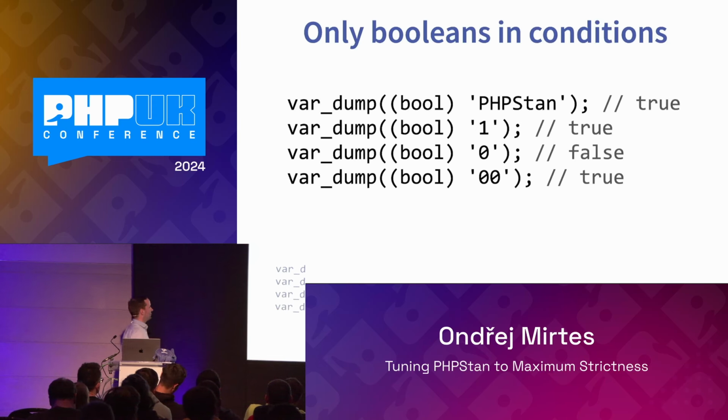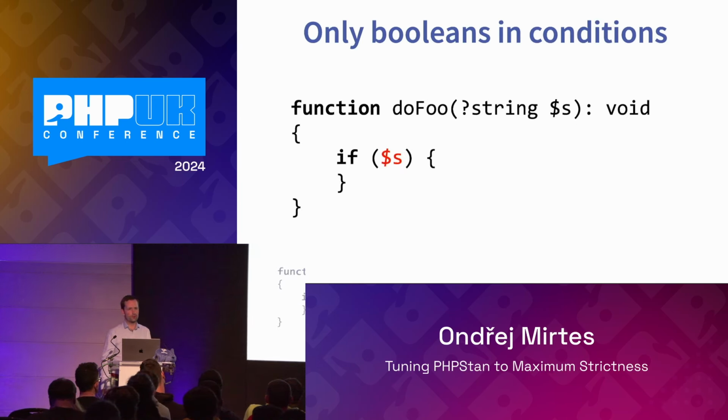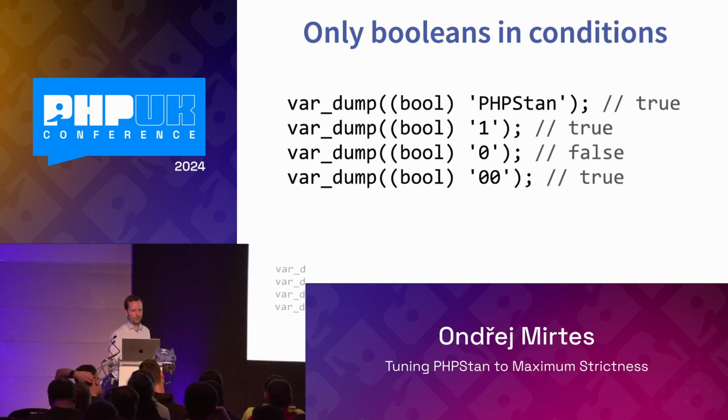If we have a string with a single zero, it's going to be cast to false. But if we have a string with 2 zeros, it's going to be true again. So if, for example, you are using this piece of code to validate if someone's name is a non-empty string, or if it's even a valid name in the first place, then you are discriminating against people whose name is 0, but not 2 zeros.